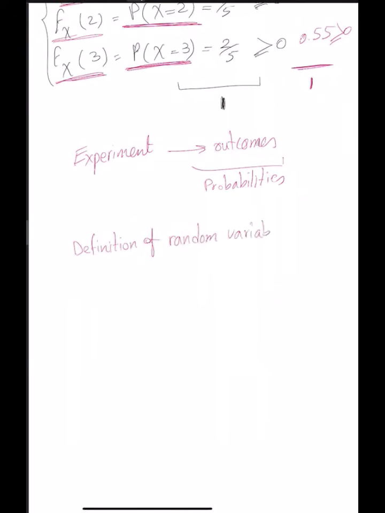Obviously, for each set of outcomes we have, we can have so many random variables defined, depending on how we want to define.